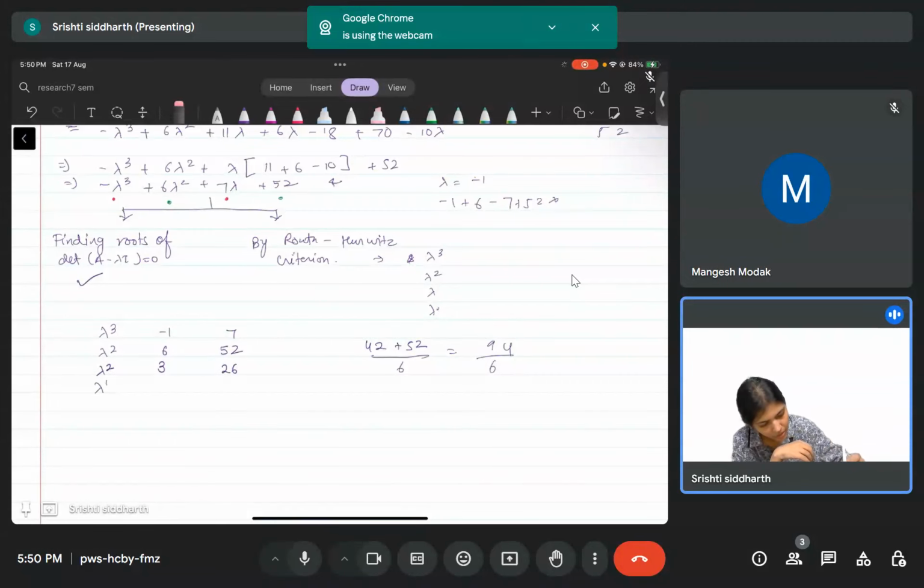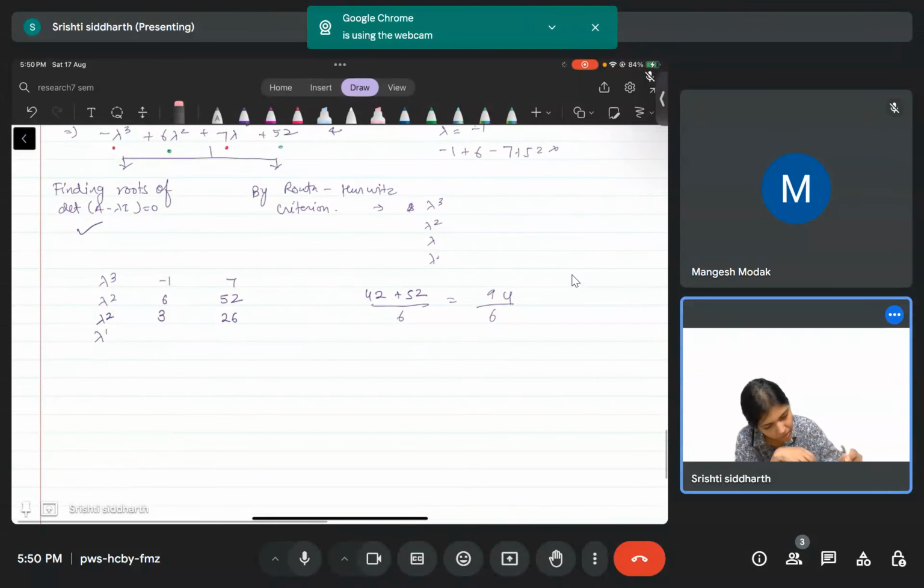Then we have the lambda 1 row, which is going to be 1 plus 26 over 3, so it's minus 17 minus 47 by 3, minus 0 of course.